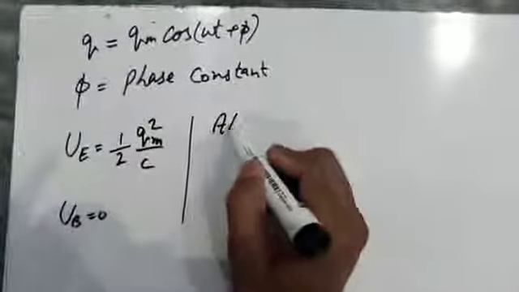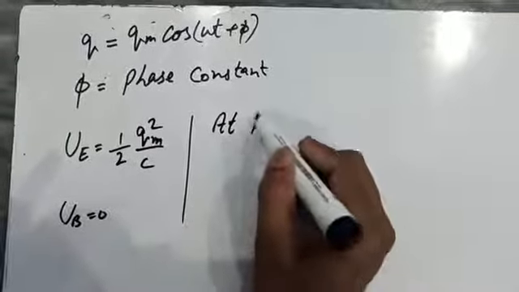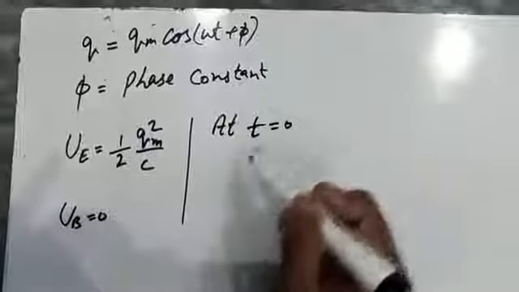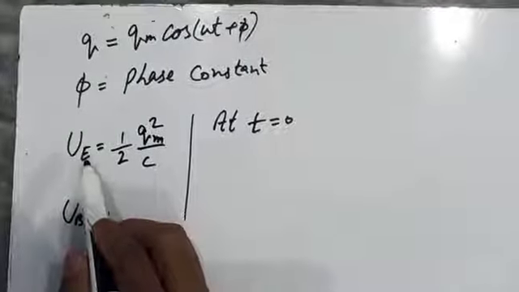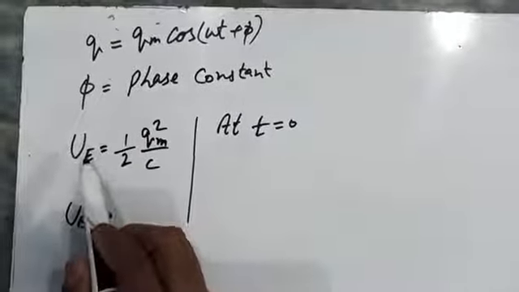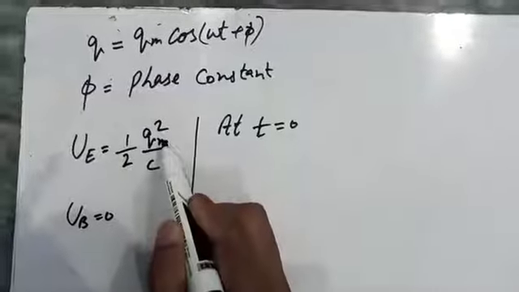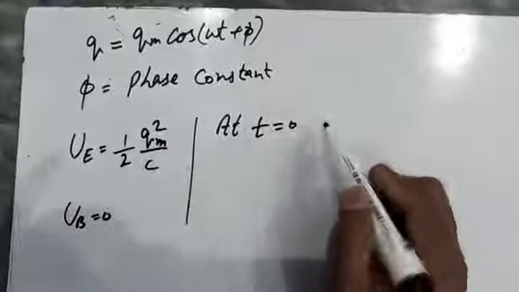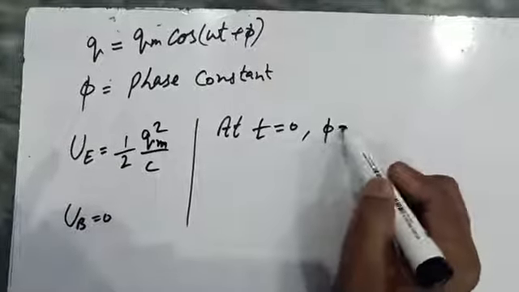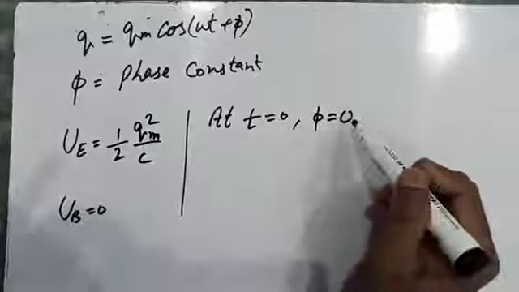So initially at time t equal to 0, electric energy is maximum, and electric energy is maximum when charge is maximum. This is only possible if the value of phase constant phi is equal to 0.